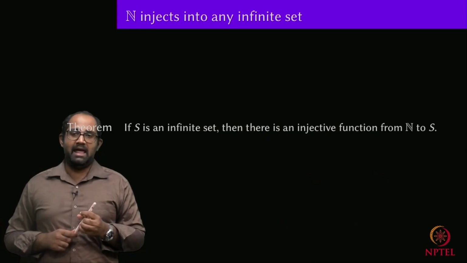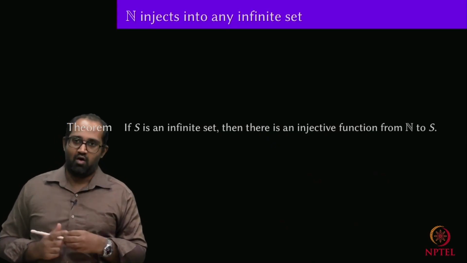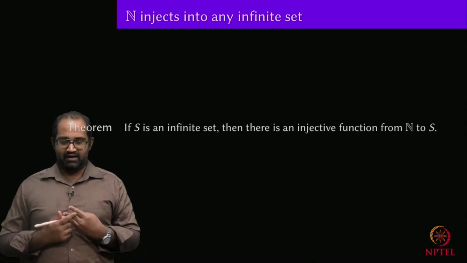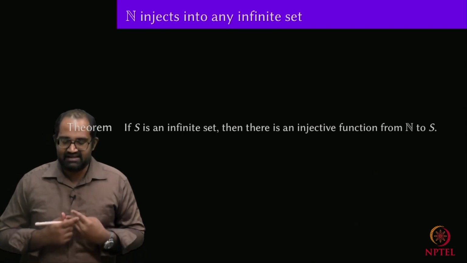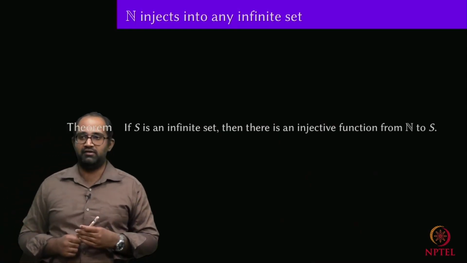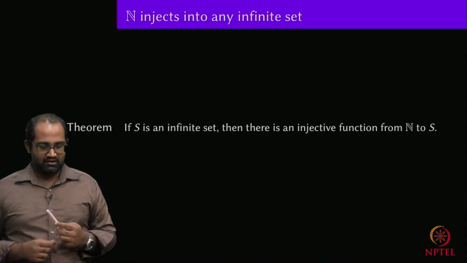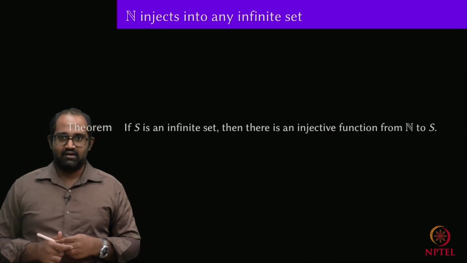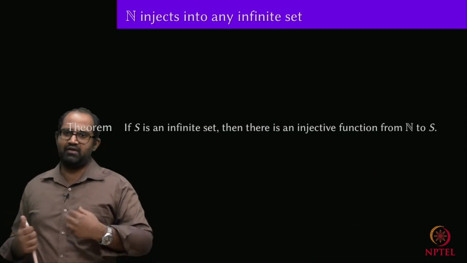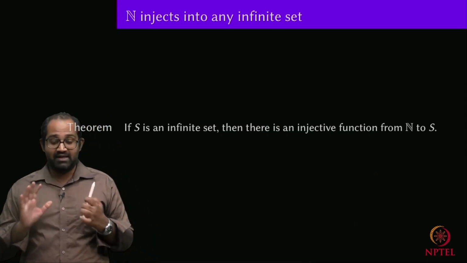Now, the next characteristic feature of infinite sets. If S is an infinite set, then there is an injective function from the natural numbers to S. So in a sense, every infinite set S has a copy of natural numbers, not merely as a set.